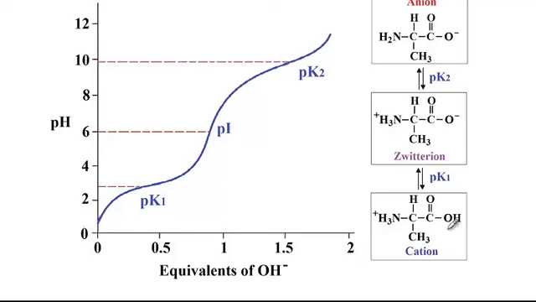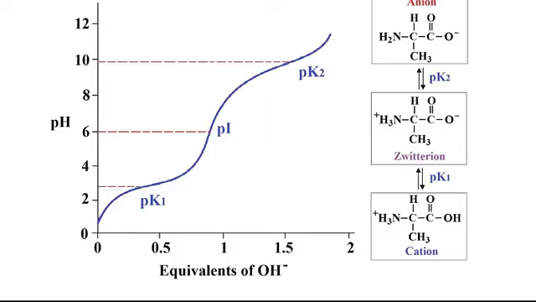So it's a positively charged, or cation, amino acid. As we increase the pH and go beyond the pK1 of the COOH, COOH will lose its H+ and form a COO negative. So at this point we have a zwitterion, because we have both a negatively charged and a positively charged group in this molecule, but the net charge is 0.